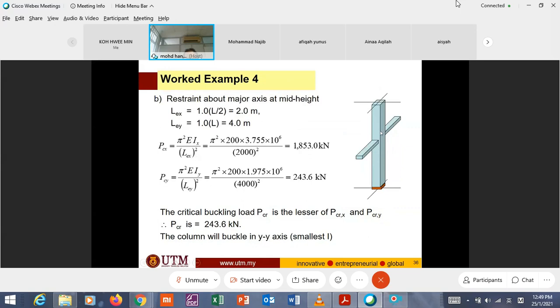Okay, similarly, look at B. In B, LEX equal to L over 2 because you have here restraint at mid height.